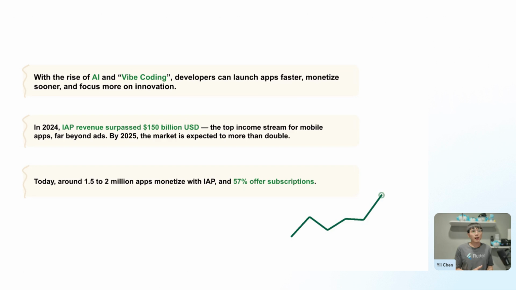According to revenue data, in-app purchase earnings surpassed 150 billion US dollars in 2024, making it the primary revenue stream for mobile apps, far beyond ad-based income. By the end of 2025, the market is expected to more than double. Currently, it's estimated that 1.5 to 2 million apps are monetizing through IAP or similar methods. Around 57% of all apps now offer subscriptions.